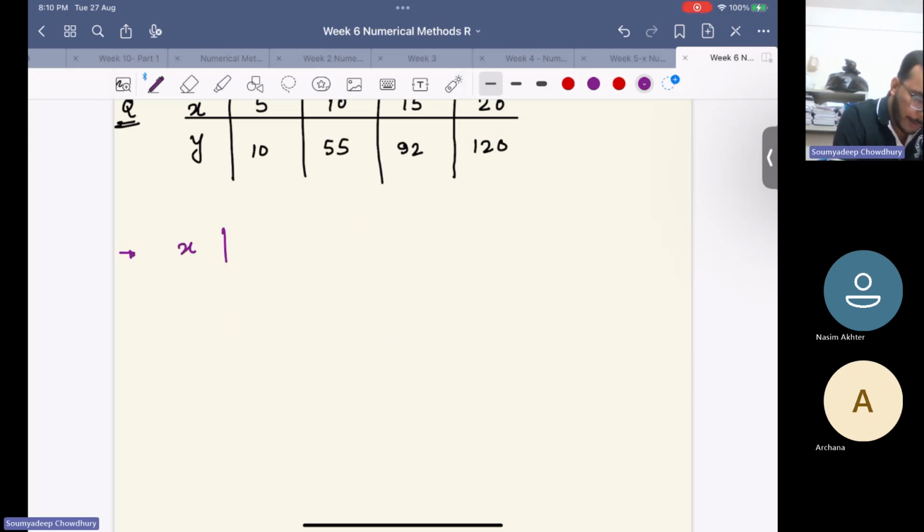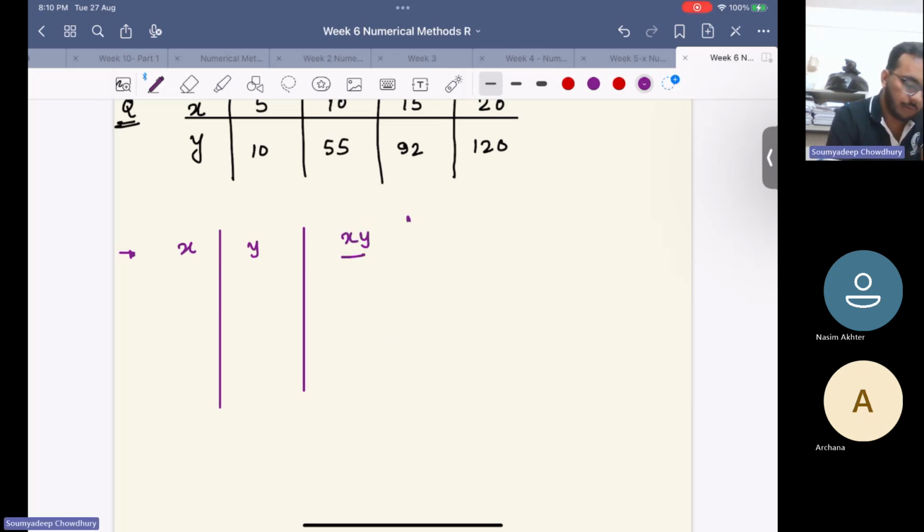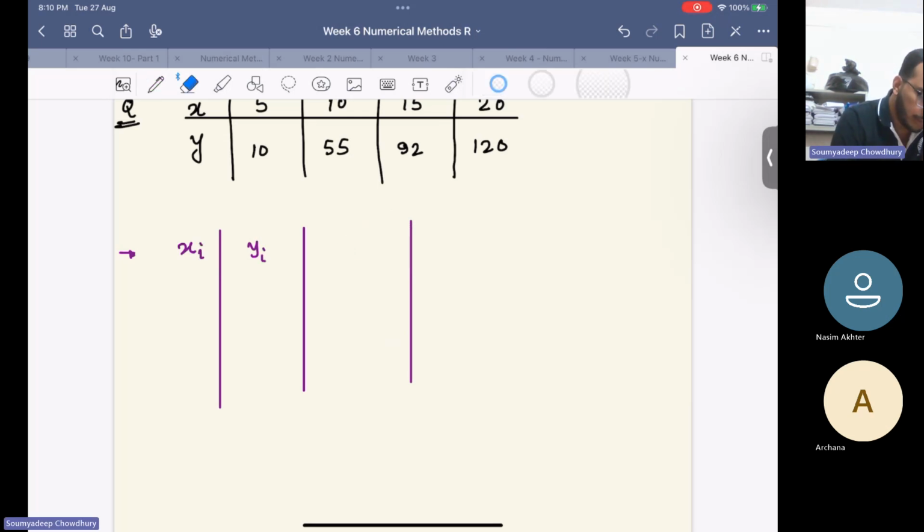X is there. Y is there. We'll calculate xy and we will calculate xi yi, and xi square.